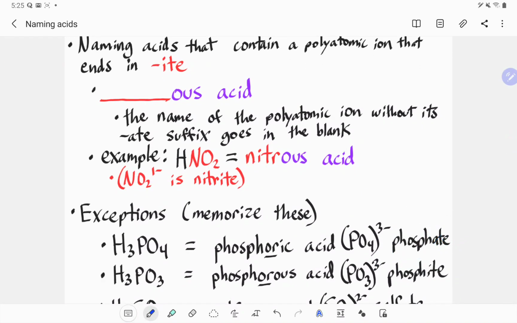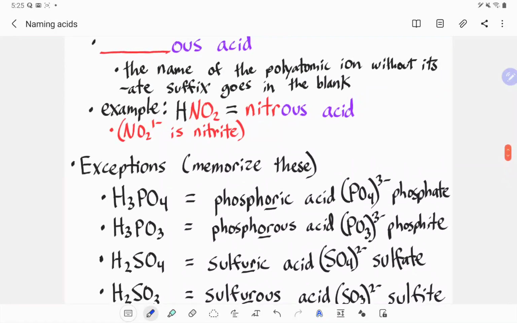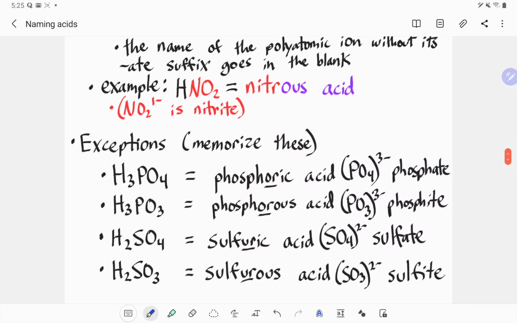So you can approach these exceptions in 2 ways. You can just say, hey, they are exceptions because I'm going to add 2 letters before the ending. Do that for all of these 4 examples. Or you can just say, I don't care to know why they are exceptions. I'm just going to memorize these as is because they are the only exceptions that we're going through.